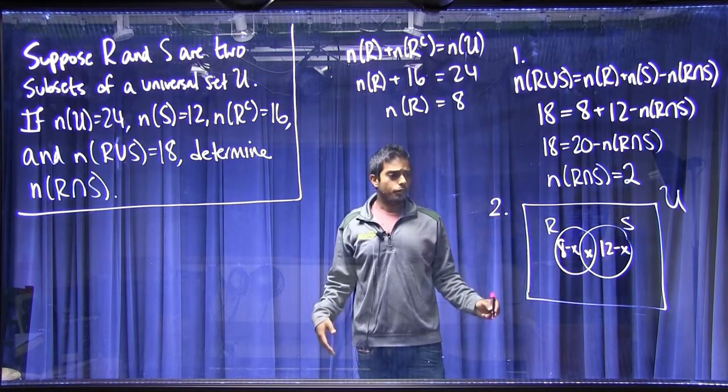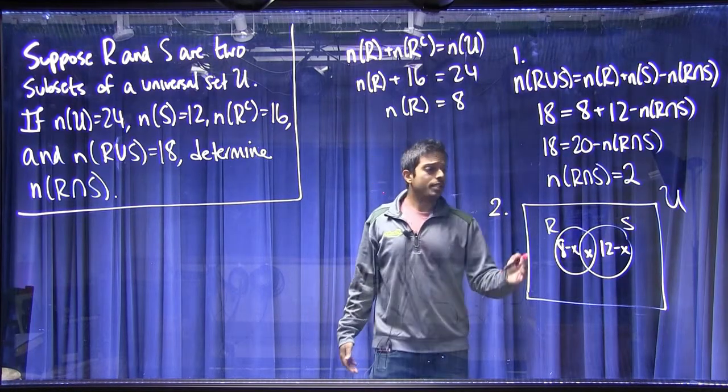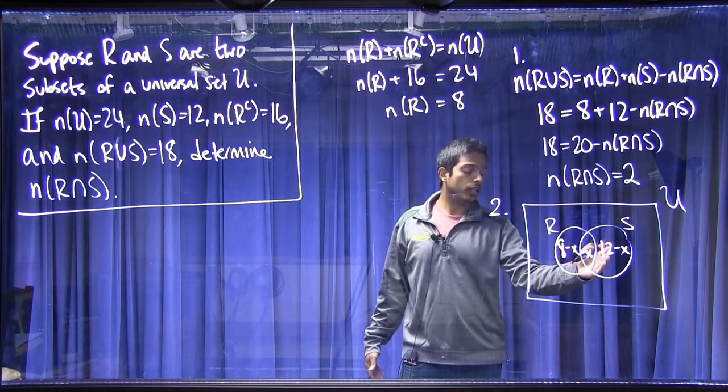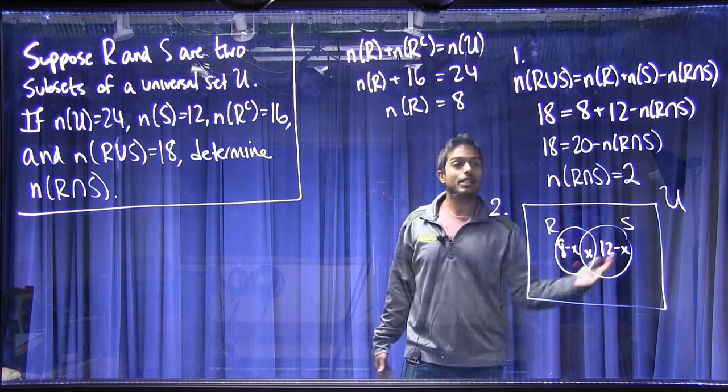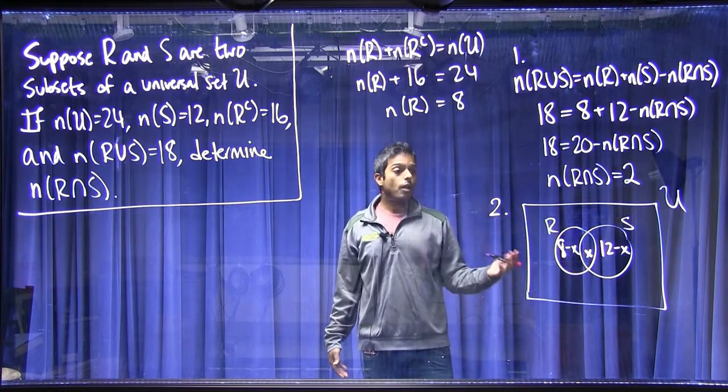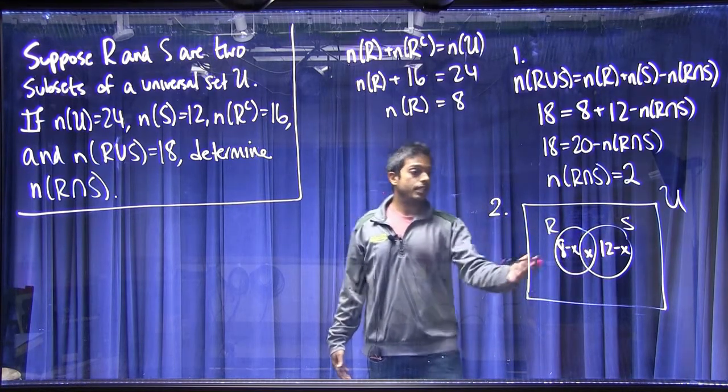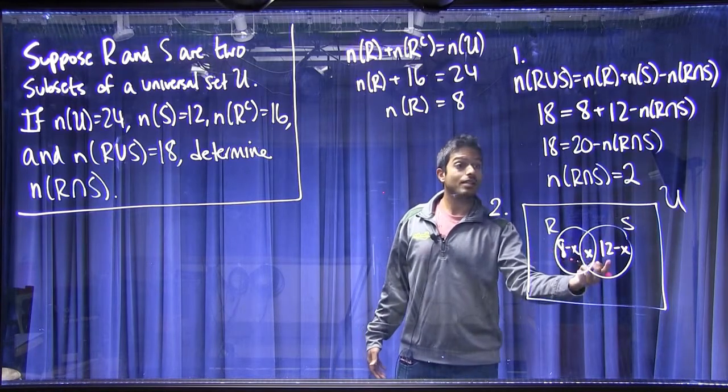Now what do we do? If you notice, these three sets that are here partition R union S. And so the number of elements in R union S is equal to this plus that plus that.